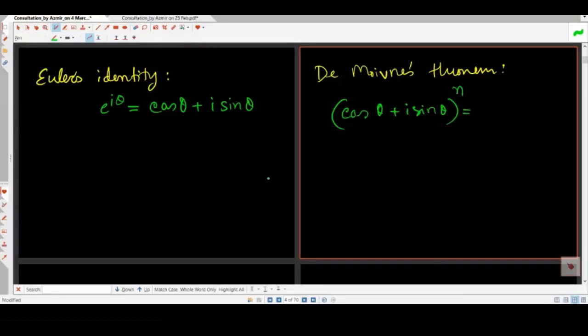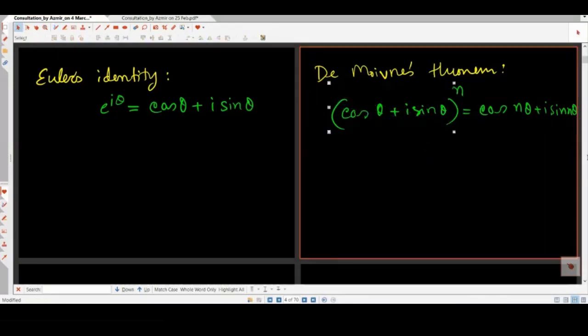At that time, what do we have to do? The theorem says that it will be cosine n theta plus i sine n theta. So this is called de Moivre's theorem.